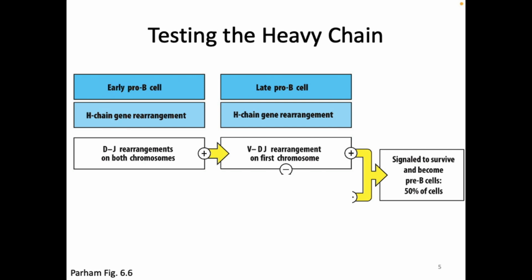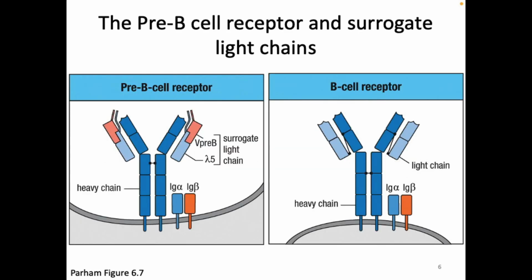Turns out that what the B cell does is it has a fake light chain for this process. So usually the B cell receptor contains a heavy chain and a light chain.